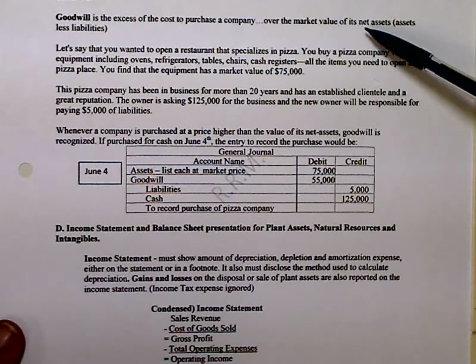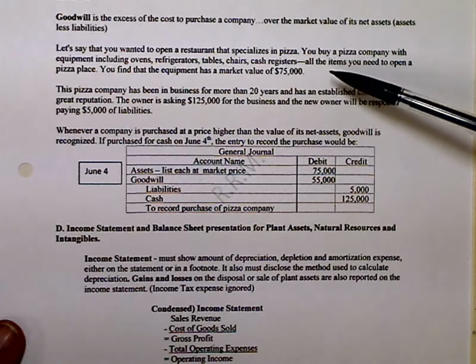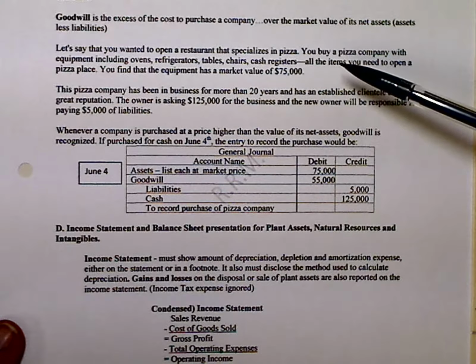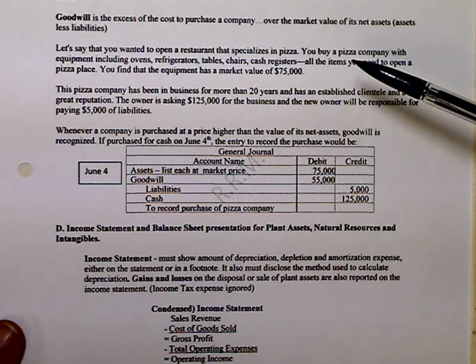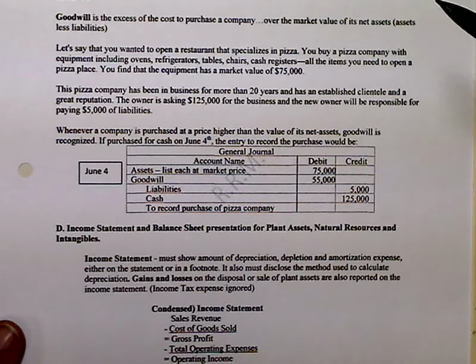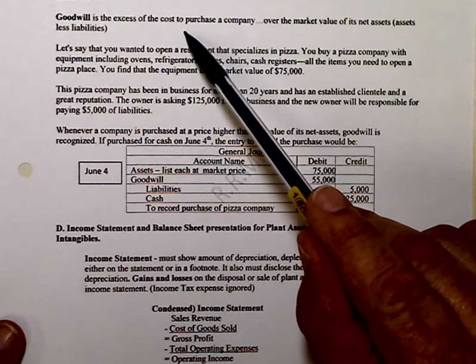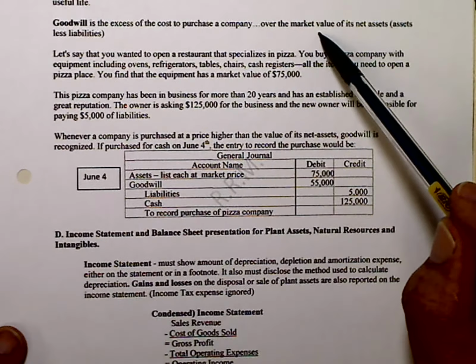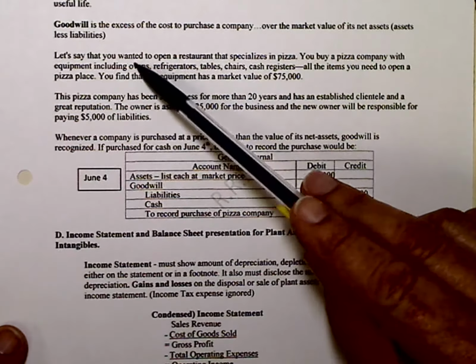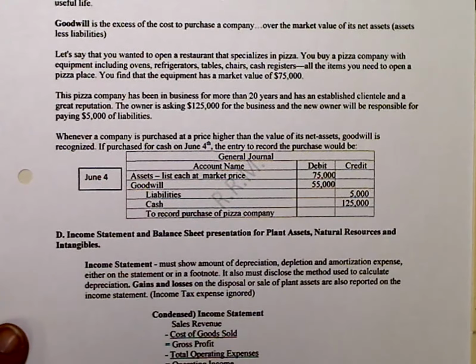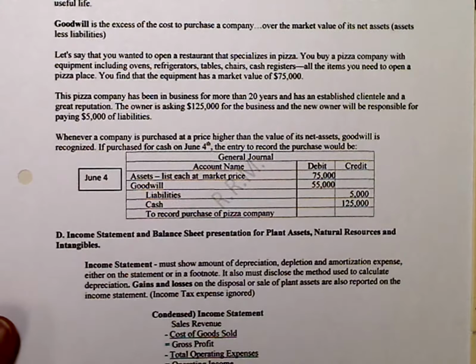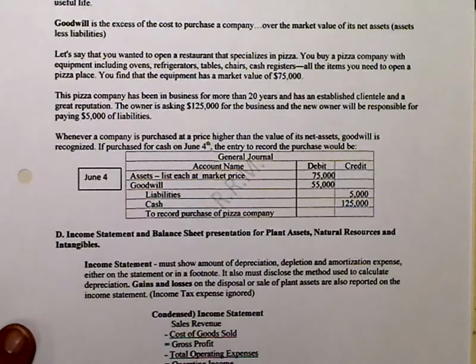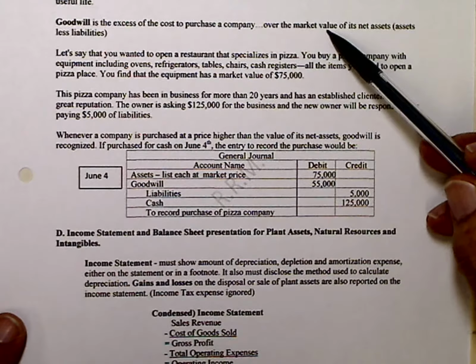AOL had like $3 billion in assets, and they paid $57 billion. They paid $54 billion more for that company than the market value of its assets, minus any liabilities they had. $54 billion of goodwill. They thought they really had something wonderful.